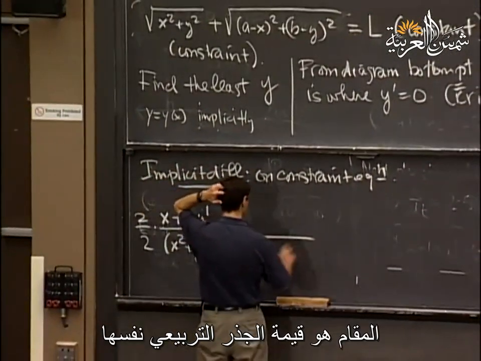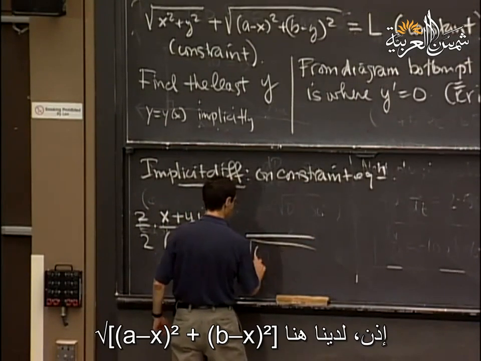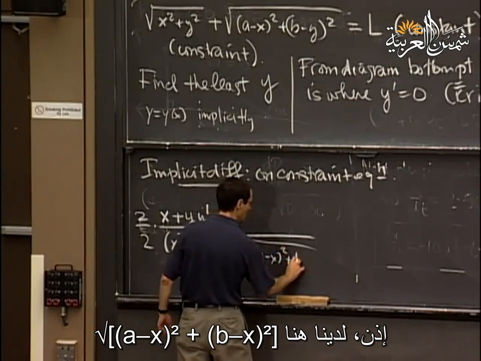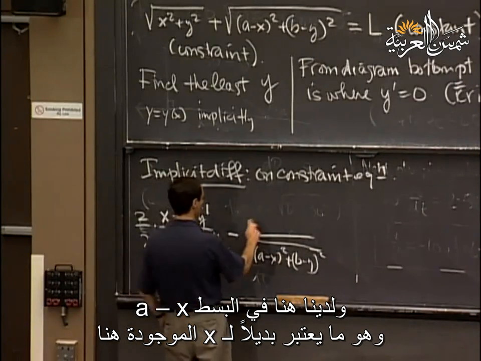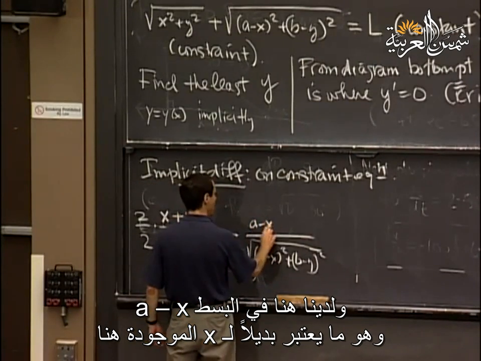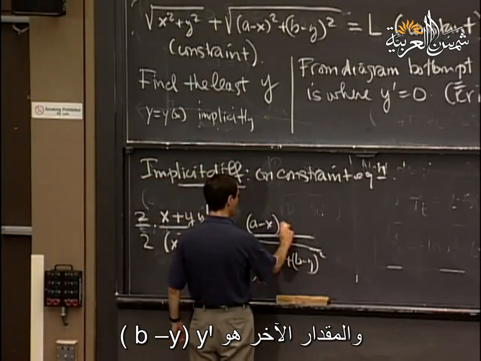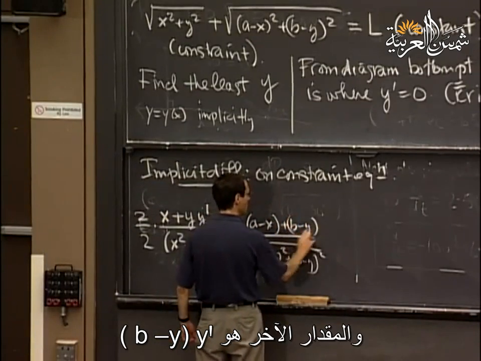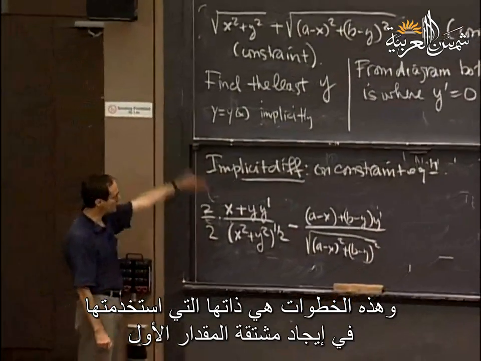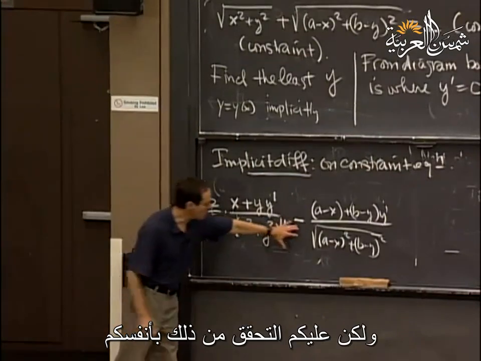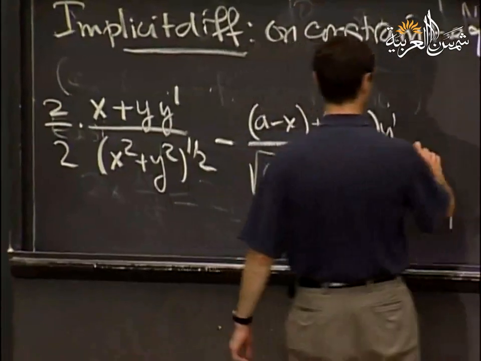Then the denominator is the same massive square root, a minus x squared plus b minus y squared. And the numerator is a minus x, which is what replaces the x over here, and then another term, which is b minus y times y prime. I claim that's analogous to what I did in the first term. You'll just have to check this on your own, because I did it too fast for you to check yourself.